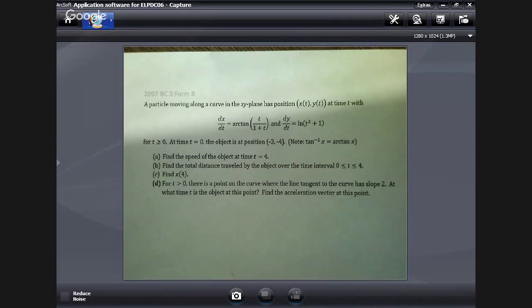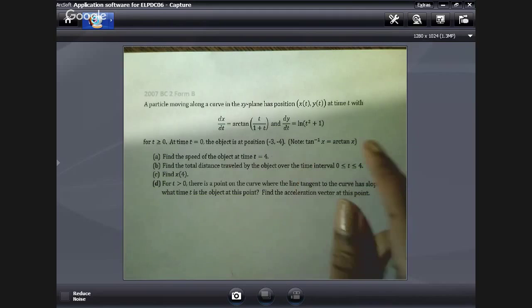A particle moving along a curve in the xy plane has position x of t, y of t. And at time t, dx dt is equal to that inverse tangent thing, and dy dt equal to that natural log thing for t greater than or equal to 0. At time t equals 0, the object is at position -3, -4.